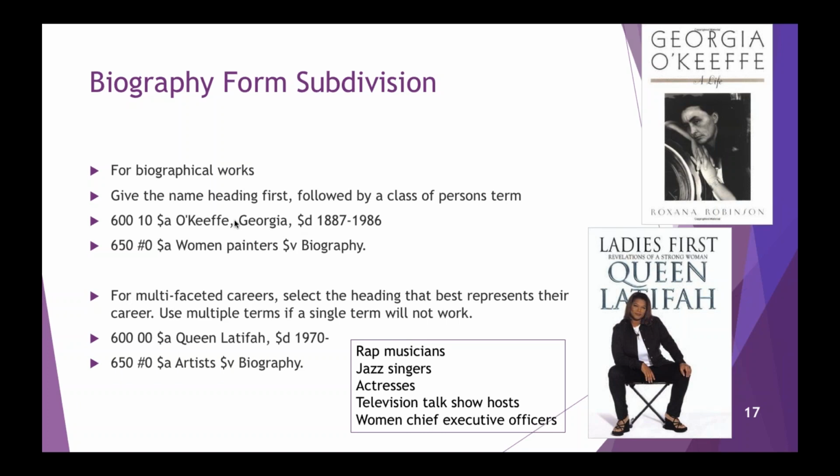And so we can use either painters or we could use women painters. And once you have that topical term for the class of person down following their name heading, then you append to it that subfield v biography as we see here. So this is really all the subject analysis that we need for this biography of Georgia O'Keeffe.